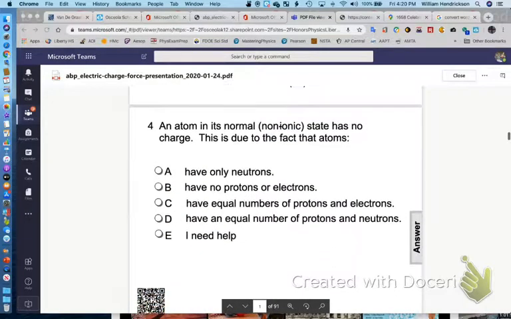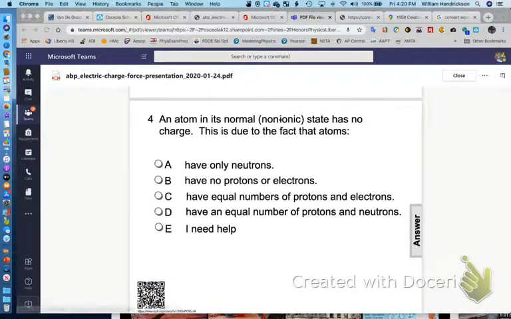Let's take a look at this question here. An atom in its normal non-ionic state, meaning not positive or negative, has no charge. This is due to the fact that atoms: A, have only neutrons; B, have no protons or electrons; C, have equal numbers of protons and electrons; D, have equal numbers of protons and neutrons; or E, you need my help.